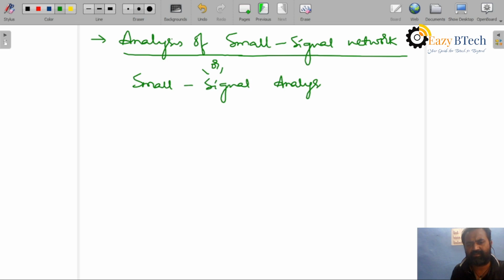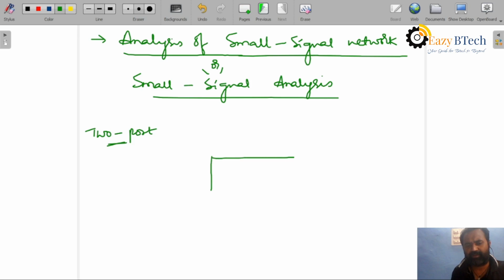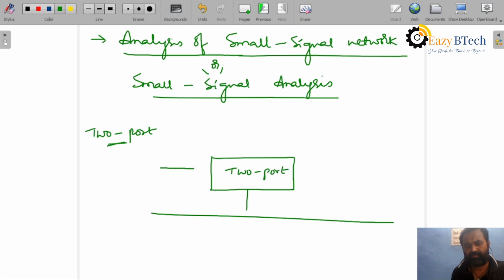We will use the two-port network parameters. Now, it is a two-port network, with an input port and an output port, and it is commonly grounded.